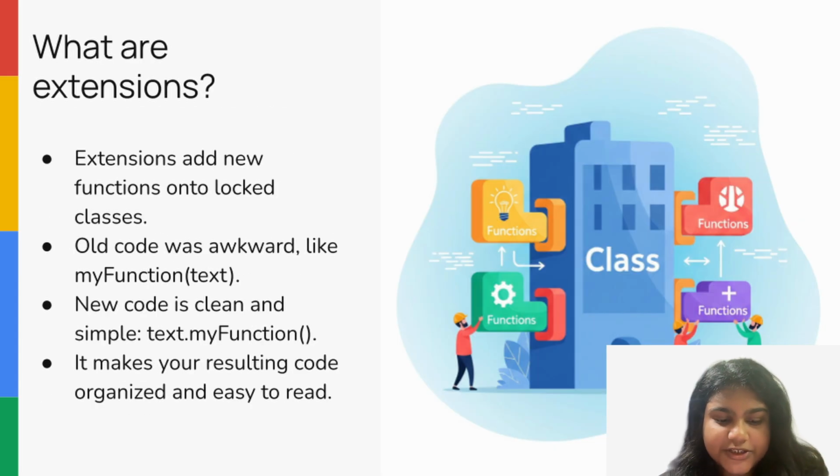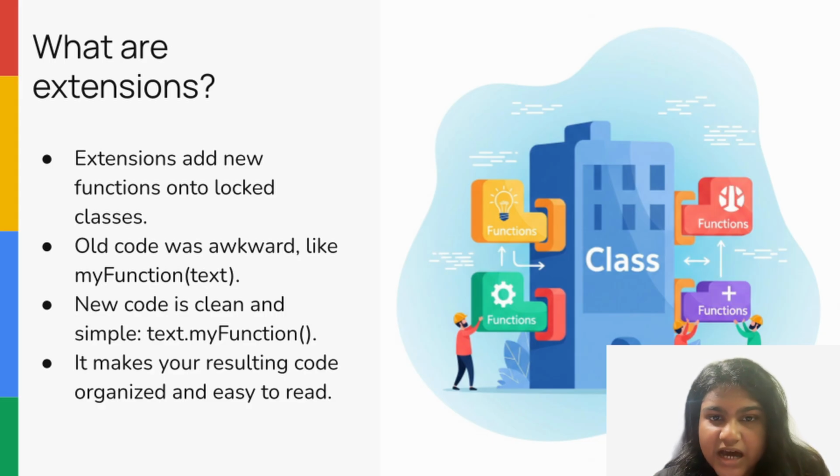In standard object-oriented programming, we usually treat a class like this solid, immutable building you see on the screen. It has its foundation, its walls, and its residents, which are the functions and methods defined by the original author. Now, here is a problem we face in modern development, especially when you're working on something complex.